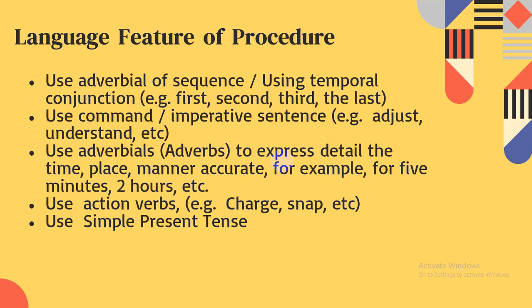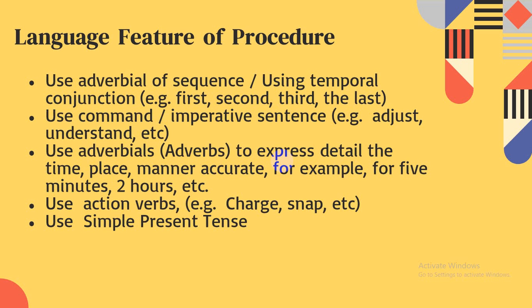To remember the previous lesson, KD 3.5 is about imperative sentences, and an imperative sentence is a sentence that is not complete. There is no subject in it, but it directly uses verb one, for example, adjust, understand, and etc.